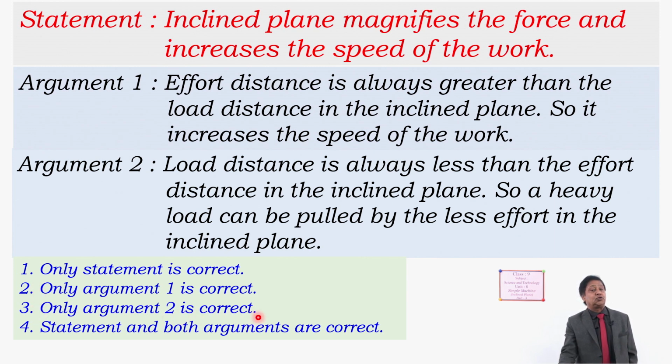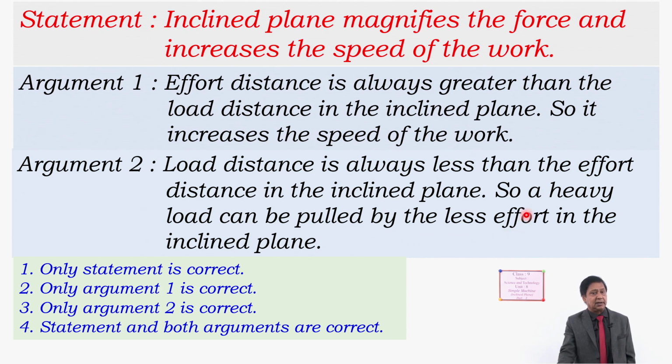Only argument 2 is correct. Is this? Okay, let's check it out. Argument 2: load distance is always less than the effort distance. Yes, effort distance is always greater, load distance is always less, in the inclined plane. Yes, this part is okay. So a heavy load can be pulled by less effort in the inclined plane.